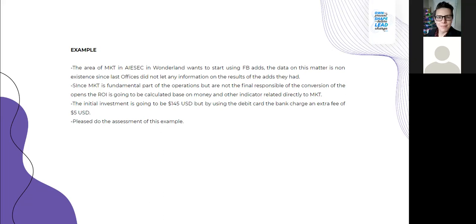Since marketing is a fundamental part of operations, but they are not the final responsible of the conversion of the opens, the ROI is going to be calculated based on money and other indicators related directly to marketing.